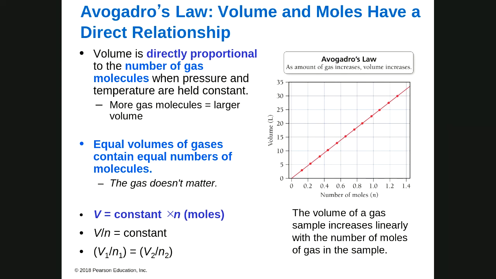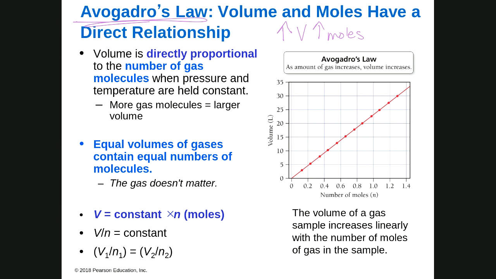All right, the third law is Avogadro's law. And Avogadro's law says that volume and moles are also directly proportional. Okay, volume and moles of gas are directly proportional. So if you increase the volume, you're going to increase the number of moles of gas.